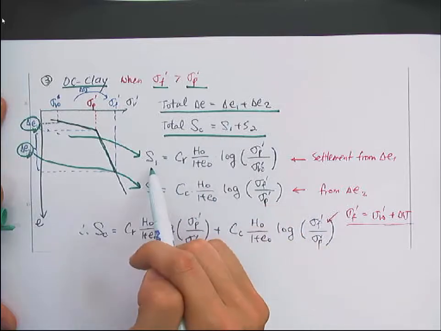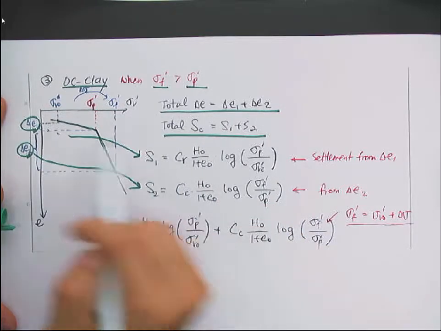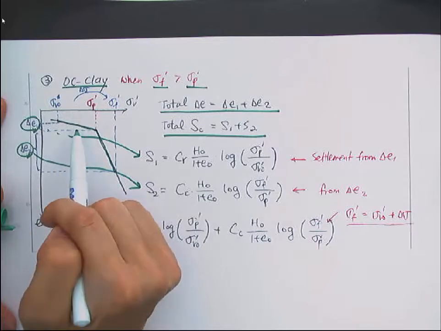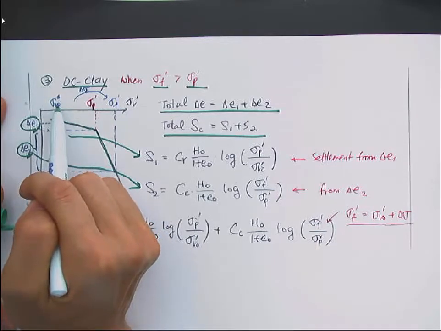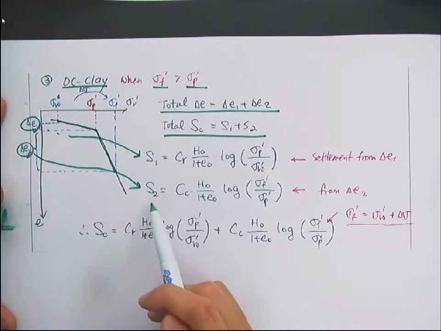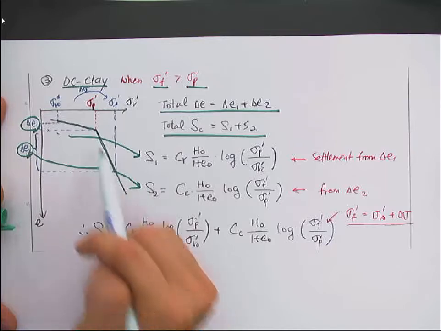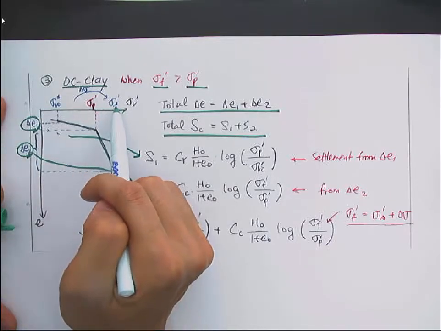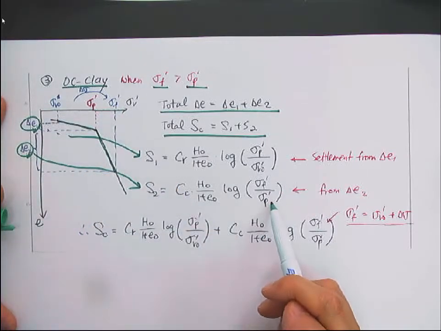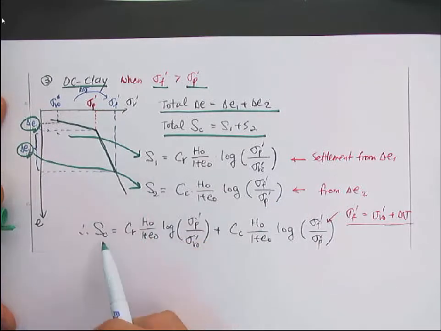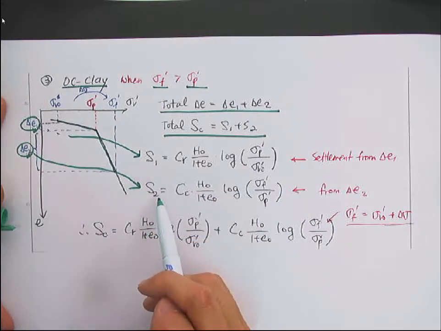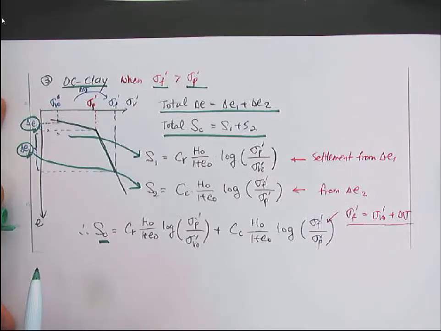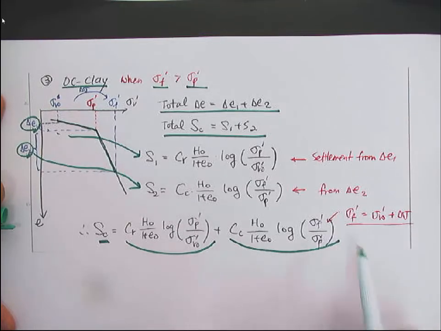S1 is from the void ratio change in this OC region, from sigma v naught to sigma p prime, and the second settlement is corresponding to the stress change from sigma p prime to the final vertical effective stress here. Then you just sum up the two values, and you get the ultimate settlement. So here Sc is the first term from the recompression curve and the second term from the compression curve.